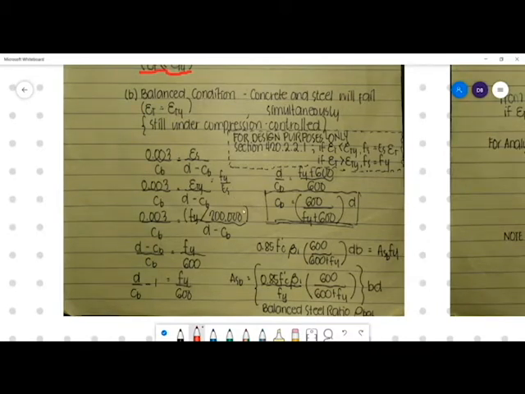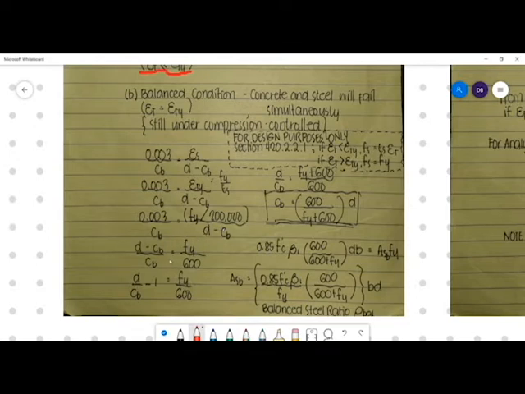So we know that within elastic limit, stress is directly proportional to strain. And Fy is your yield strength over 200,000, which is the modulus of elasticity for steel. So 0.003 over C sub B is equal to Fy over 200,000 over D minus C sub B.